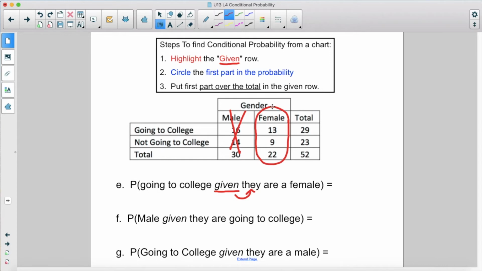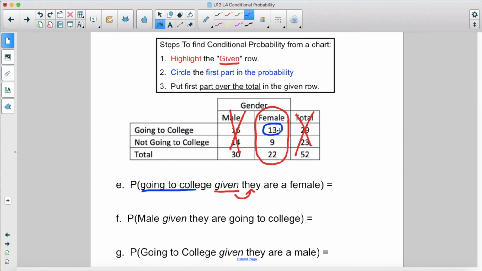Okay, we're not looking at anything else. You can even cross this out. We only are looking at that female column. Now it says, circle the first part of the probability. The first part of the probability is right here. So going to college. So now let's look, going to college is this number right here.